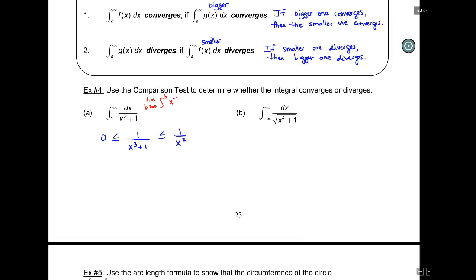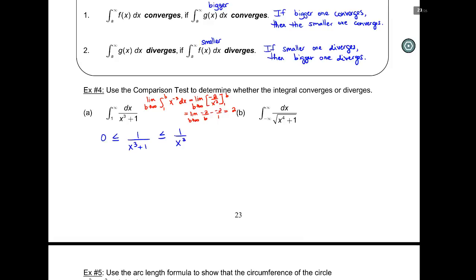So this would be x to the negative 3 dx, so we get x to the negative 2 over negative 2, so negative 2 over x squared. So basically, plugging in b, we get negative 2 over b squared minus negative 2 over 1. So this is going to go to 0. We get 2.